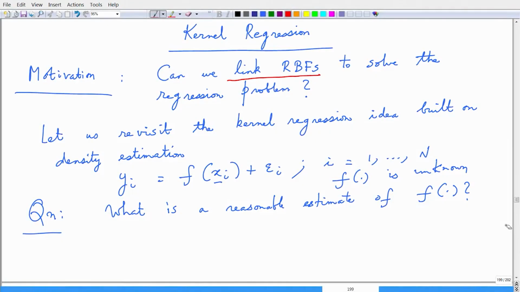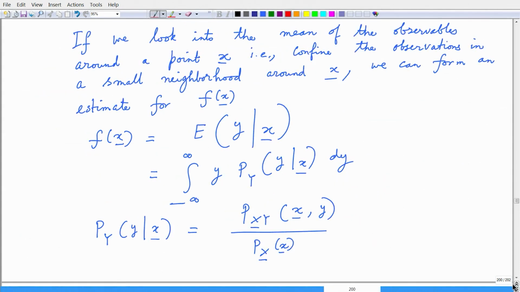Now, the question is, what is a reasonable estimate of f? We know from basic statistics, if I give you observables y and ask you what is one reasonable estimate for y, which is f of x, common sense would tell us to take the mean.